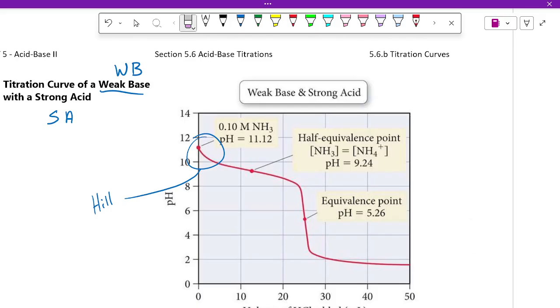What would a strong base, strong acid look like? So if we were to then do a strong base plus strong acid, what would that look like? Would it start at the same point, or would it start higher, or would it start lower?